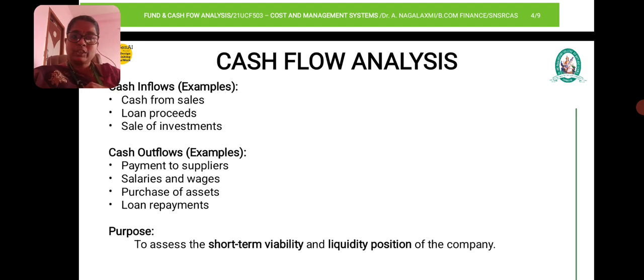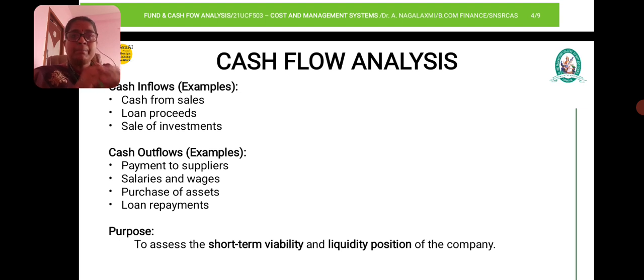Cash outflow. What is meant by cash outflow? Payment to suppliers. So the amount which we got through inflow will be utilized for payment to the suppliers. We have to pay the salaries and wages. We will purchase some assets for the business and we will make the repayment of loans. So these are the cash outflows.